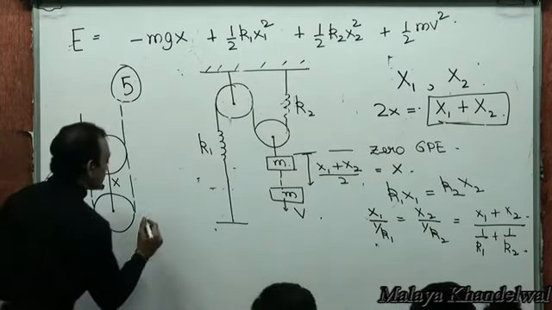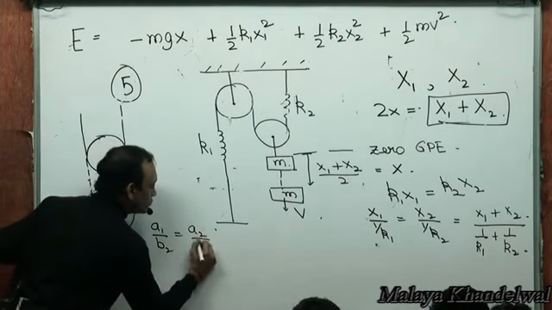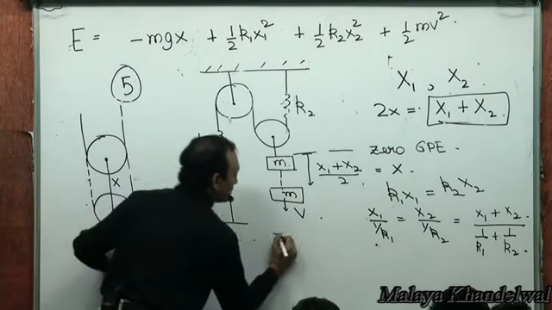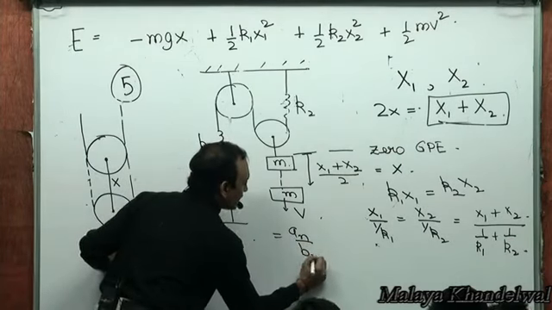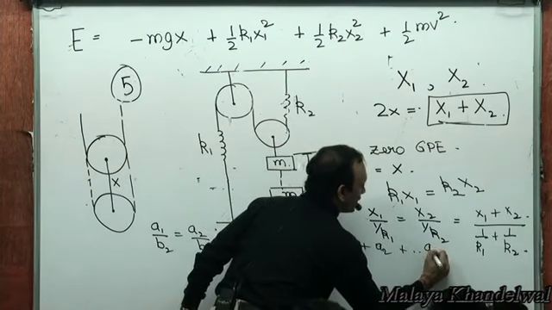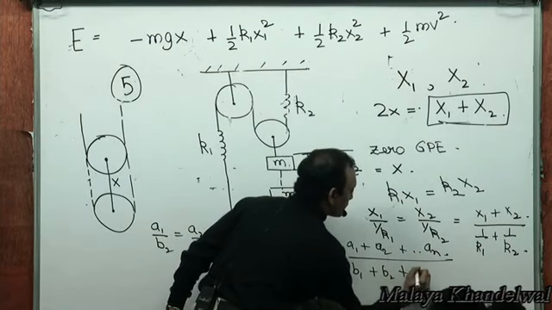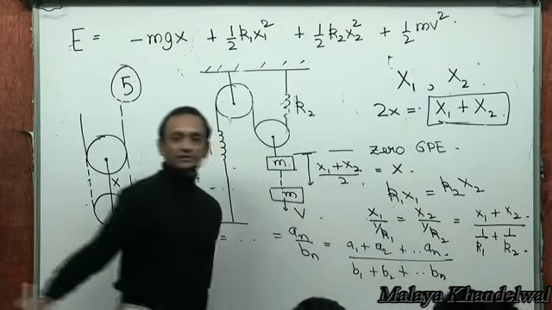In the sense, if a1 by b1 is a2 by b2 is an by bn, then I claim that each of these will be (a1 plus a2 plus an) by (b1 plus b2 plus bn).